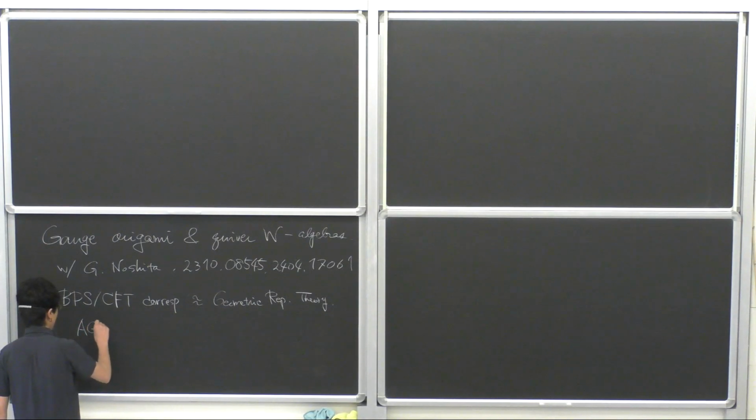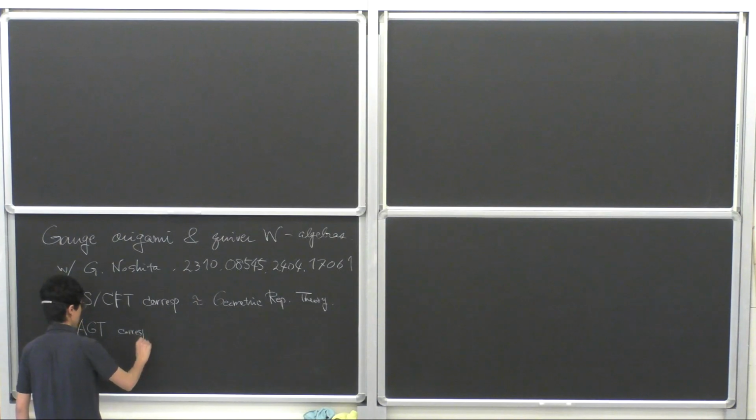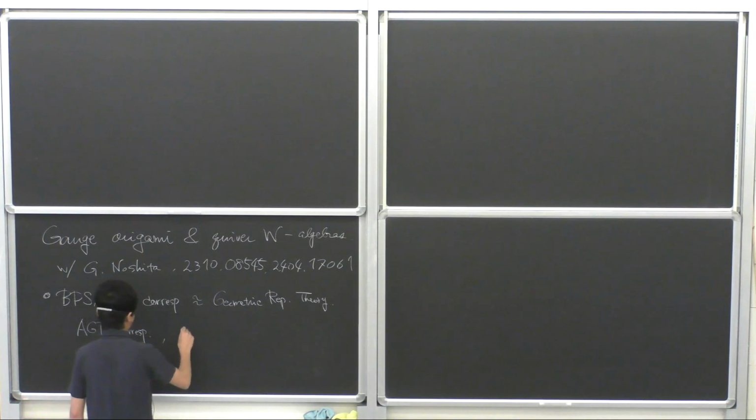Let me give some canonical examples. The first important example is the AGT correspondence, and also chiral algebras.